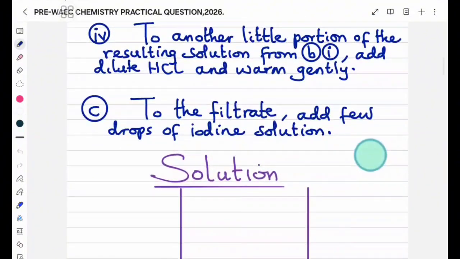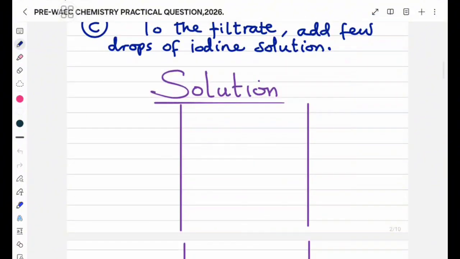Now let's see, how do we write our reports? I would like us to pay attention here, because there are certain things that students fail to write when they are writing their reports in qualitative analysis that makes them lose some marks. So I want us to pay attention to what I'll be explaining as I write the solution to this test.